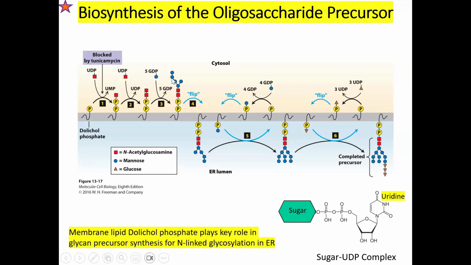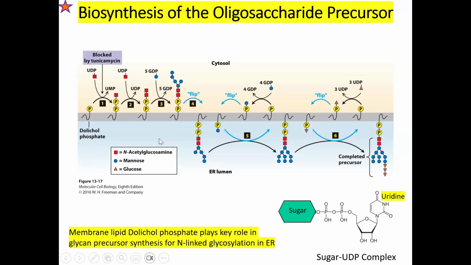Then gradually, with the help of GDP, you add a number of mannose: the 2 N-acetylglucosamine and 1, 2, 3, 4, 5 mannose. At this stage, this dolichol phosphate is flipped inside.